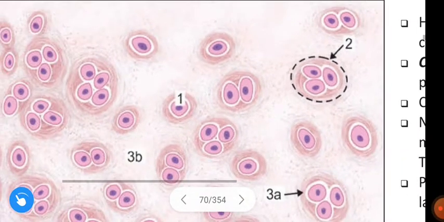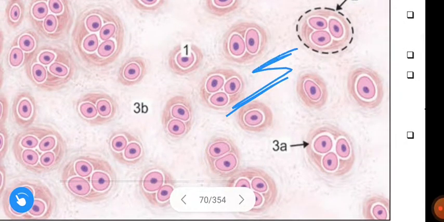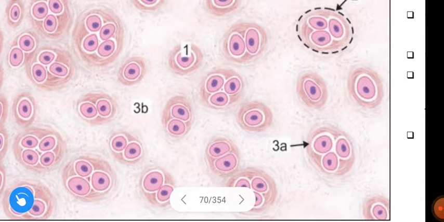And the interstitial matrix is the second type of the basophilic matrix, and this interstitial matrix separates the cell nests. This cell nest and this cell nest are separated by the interstitial matrix. This is the difference: the territorial matrix separates the cells in a cell nest, and the interstitial matrix separates the cell nests.